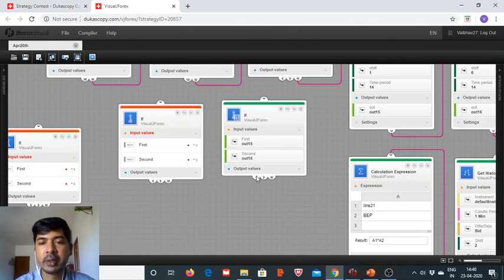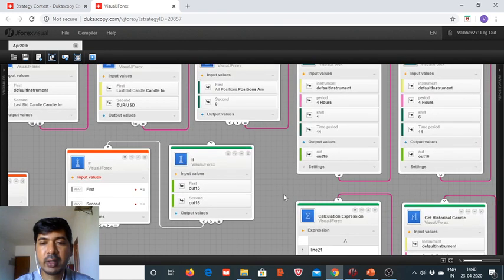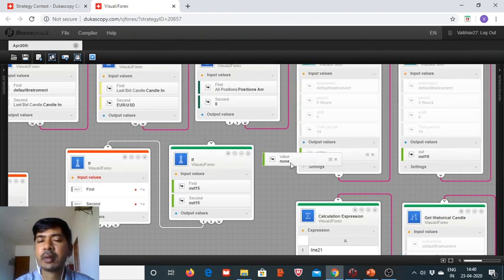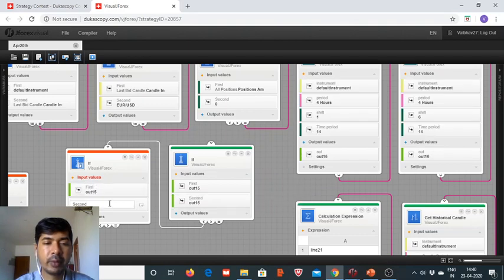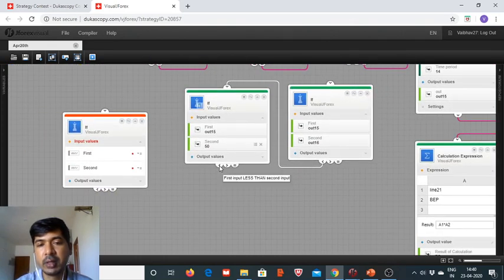So we want to make sure that the first input is less than the second input. Then another condition is that the RSI value should be below 50. So we define that condition as well. It should be less than.